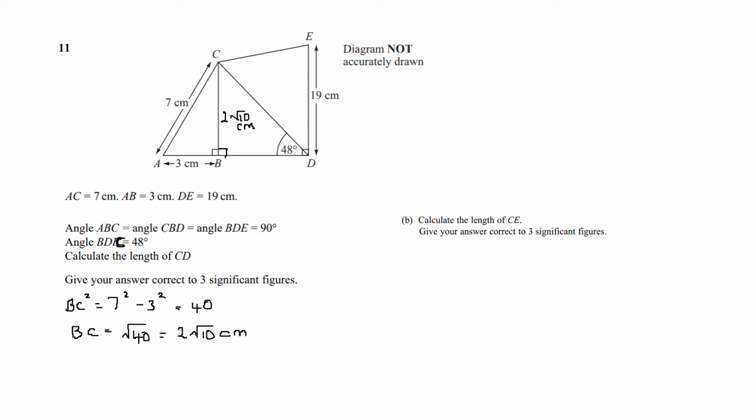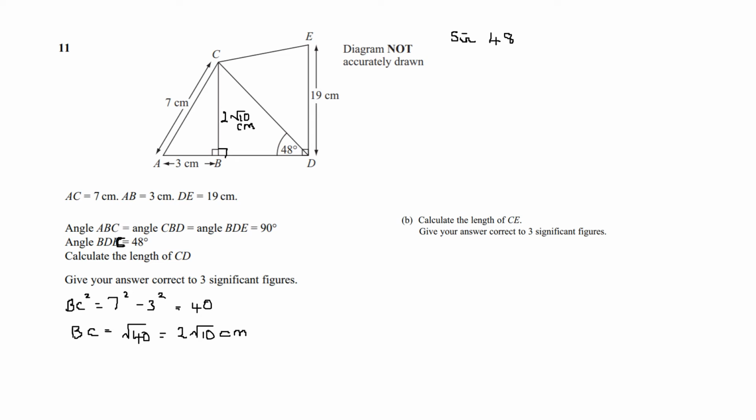And then I can use trigonometry in right angle triangles to work out the length of CD. So let's go up here so that I've got a little bit more room. Let's go with the sine rule, because 2 root 10 is opposite 48 degrees and I'm trying to find the hypotenuse, so I need to use opposite and hypotenuse.